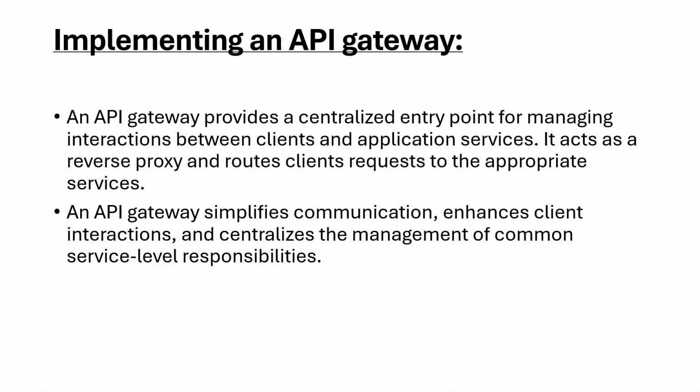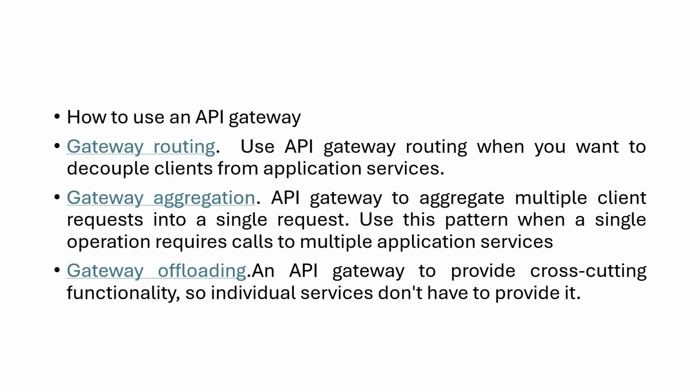An API gateway provides a centralized entry point for managing interaction between clients and application services. It acts as a reverse proxy and routes client requests to the appropriate service. An API gateway simplifies communication, enhances client interaction, and centralizes the management of common service-level responsibilities. We use an API gateway for gateway routing, gateway aggregation, and gateway offloading.